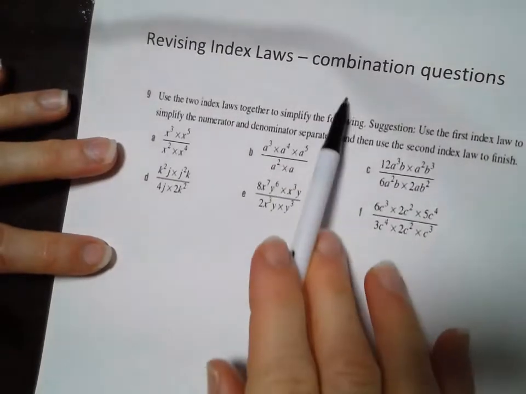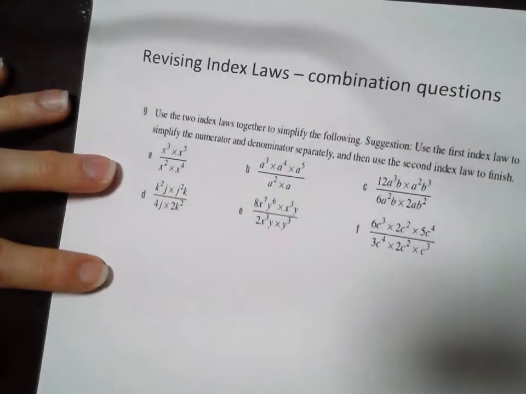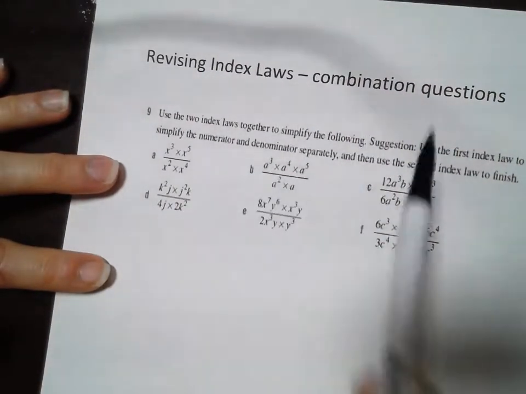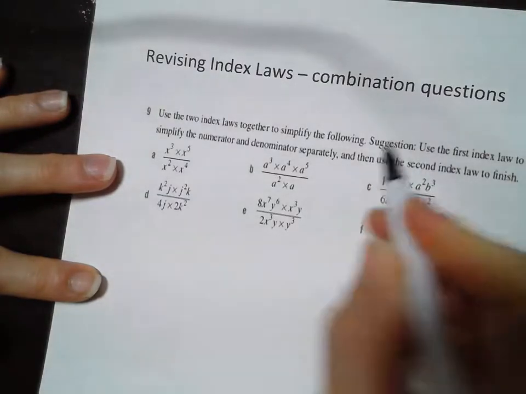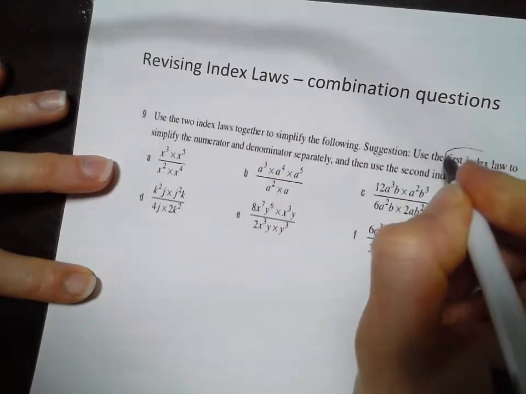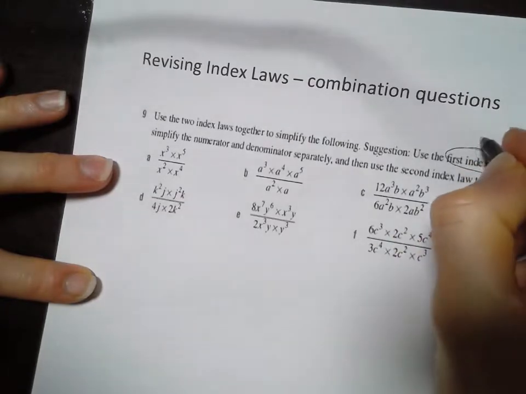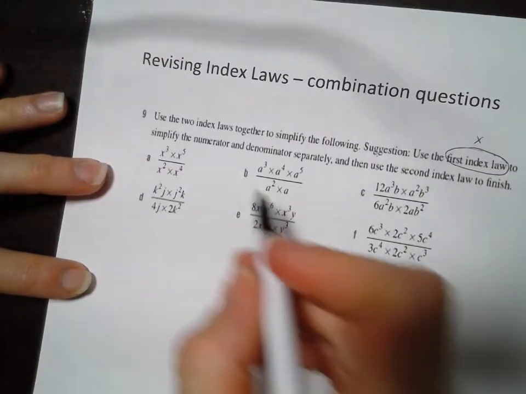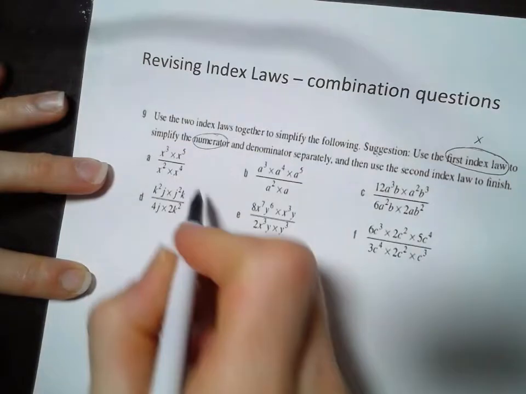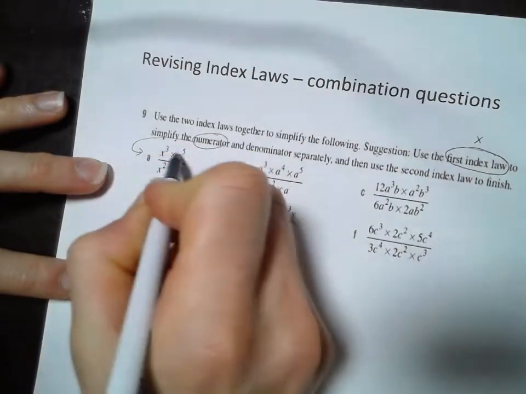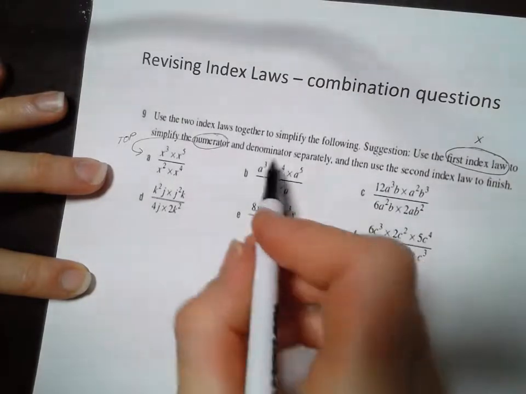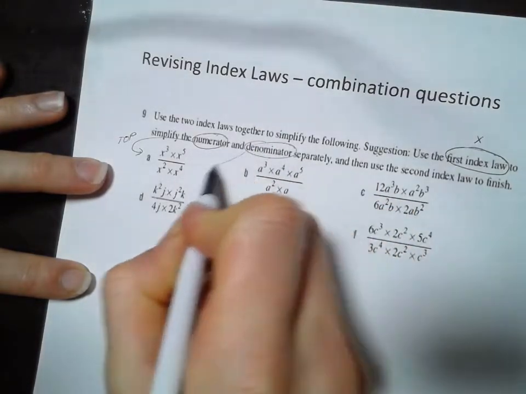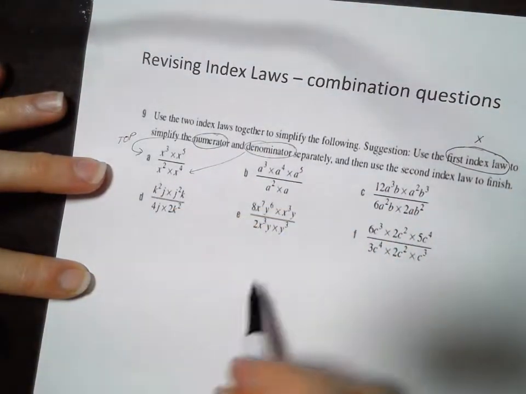This sheet is combinations starting for us. So if you read through the instructions, it gives you a suggestion. It says to use the first index law, which we know is about multiplying powers, to simplify the numerator, which is the top part of a fraction, and the denominator, which is the bottom part of a fraction, separately.